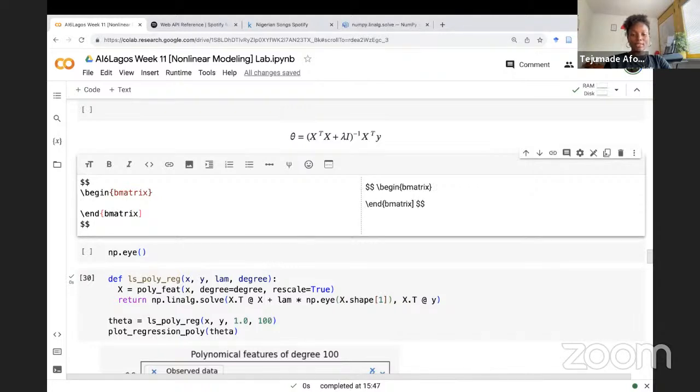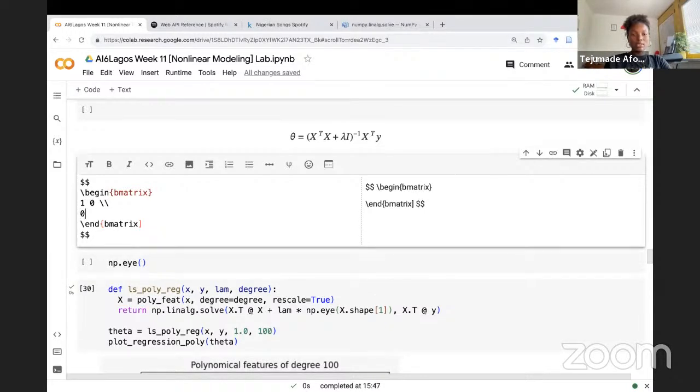The identity matrix would say that we can have 1, 0, and 0, 1. It looks like I'm missing something. Okay, it looks like it's all right. Let's space it out a little bit. Maybe there's a better way to do this.